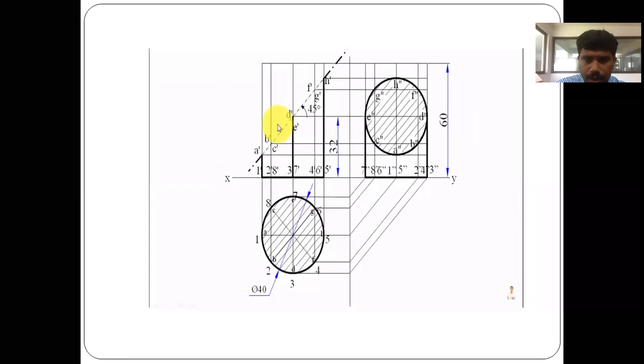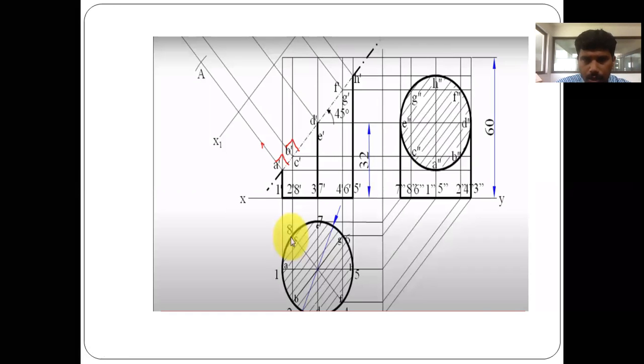So this becomes your front view. It is there, and it is a top view, and it is a side view. So coming to next is a true shape. Okay, in order to get the true shape, we are going to take a parallel plane from the cutting plane. We have to take the cutting plane over here.